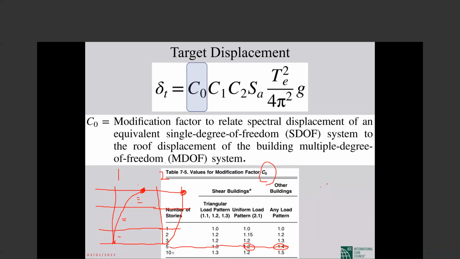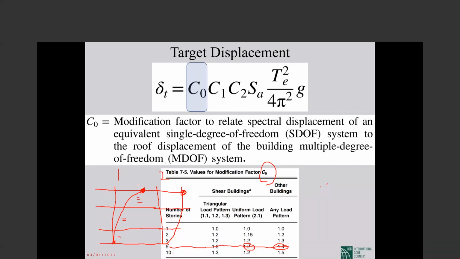So in general, in summary, what is the C0? C0 relates the elastic deformation of a single degree of freedom system to the elastic deformation of the multi-degree of freedom system.